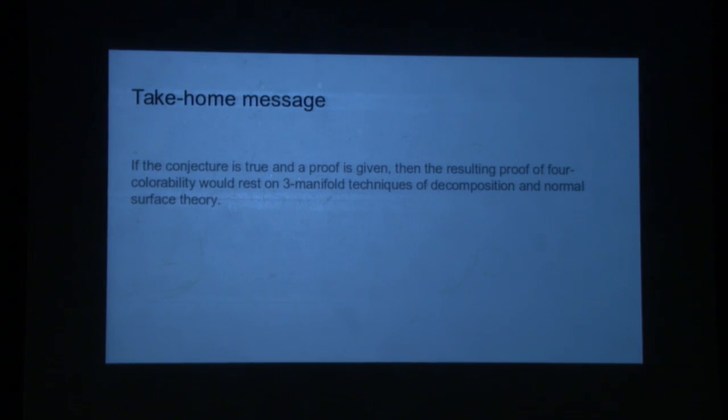And so somehow the take-home message here is that we are hoping that there's a proof of the Four Color theorem, where the sort of combinatorial heart of it, I mean, if you like, the sort of proof by induction on complexity somehow happens in this three-dimensional world of three-manifold decompositions.